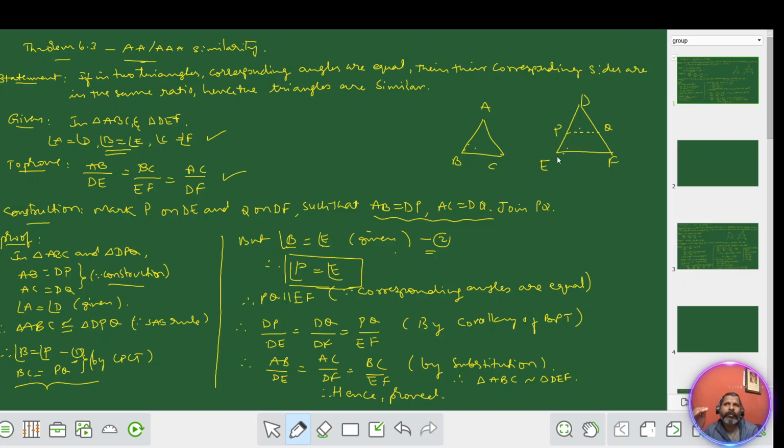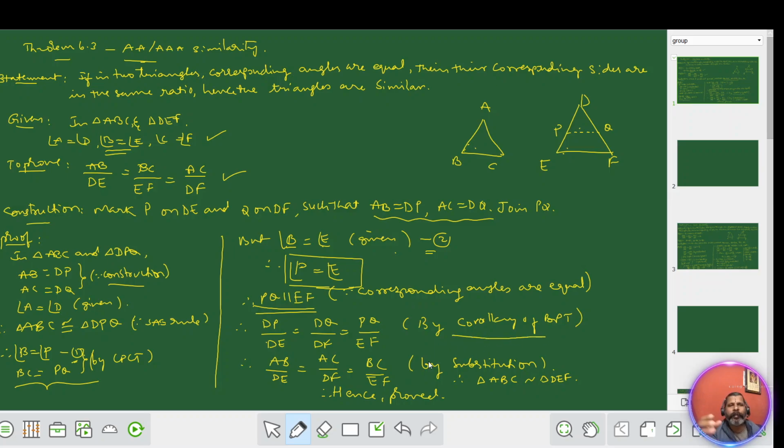If you observe, P and E are equal means they are the corresponding angles. Therefore, PQ is parallel to EF. Since corresponding angles are equal, PQ and EF are parallel. Once in a triangle one line is parallel to one side of the triangle, we can apply the BPT, basic proportionality theorem. That's what I applied here: DP by DE, DQ by DF and PQ by EF by corollary.